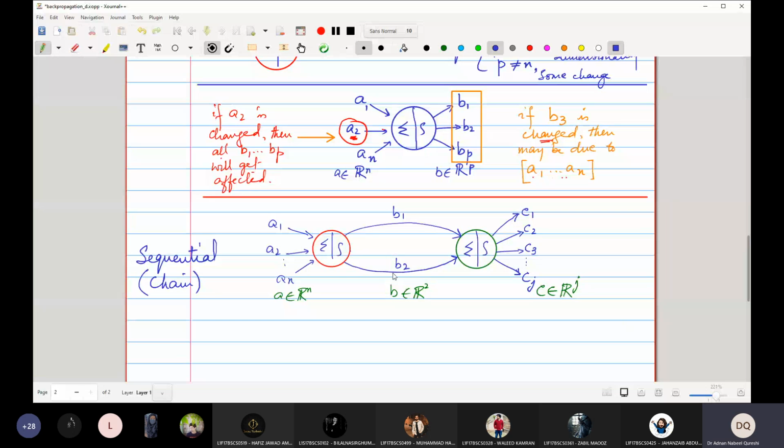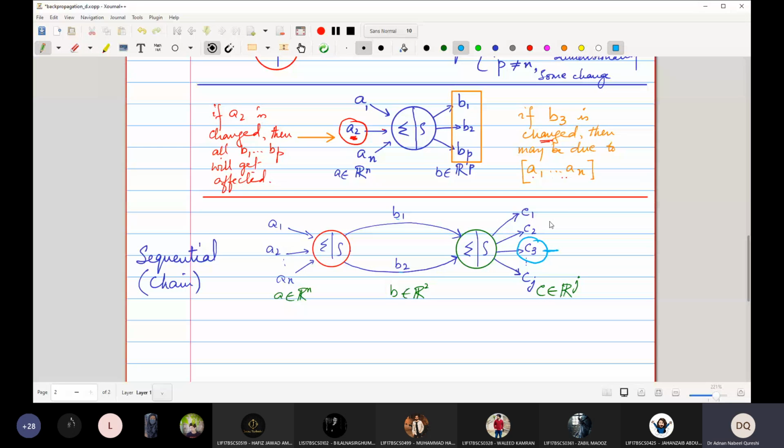Therefore, whenever you have a sequential network and you want to see what contributed to one of the outputs, C3, first you have to look at the contribution coming from B1 and B2.